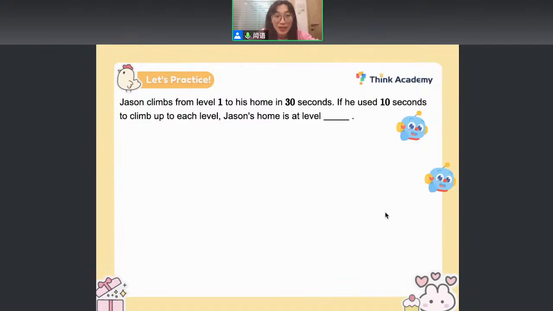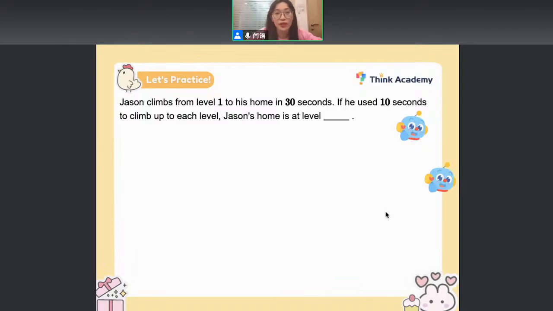Jason climbs from level 1 to his home in 30 seconds. If he used 10 seconds to climb up to each level, Jason's home is at which level? Think about it. This is a question from my long-term class. We just learned this last week, right?